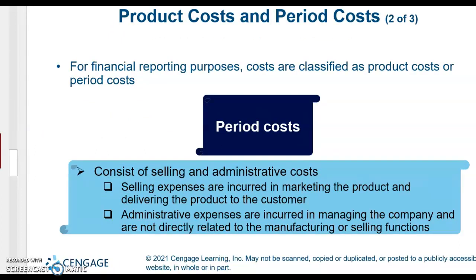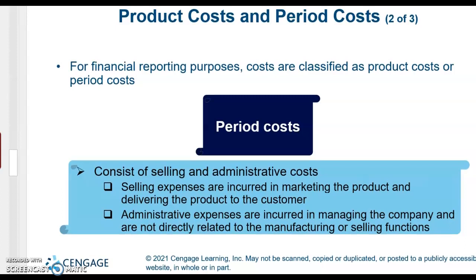Period costs are going to happen outside the manufacturing plant, like selling and administrative expenses, and other expenses such as tax and interest. They're not going to be added to the cost of inventory. Instead, they're going to be expensed as a period cost.